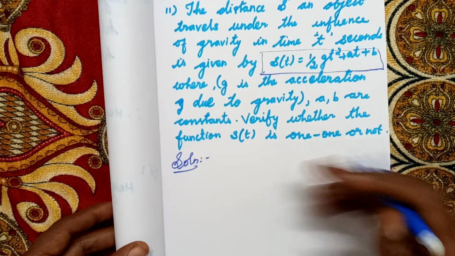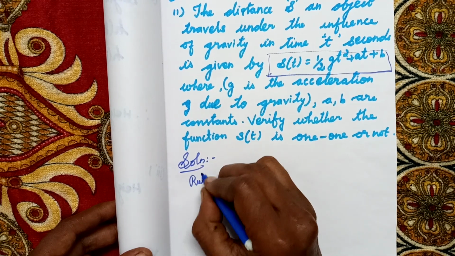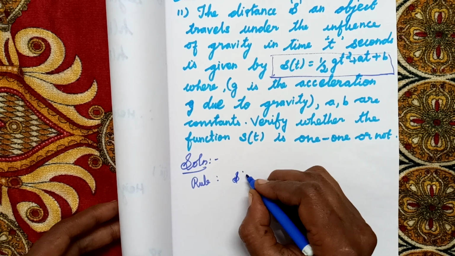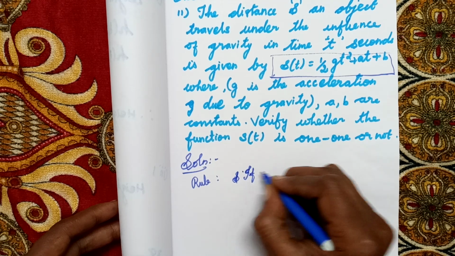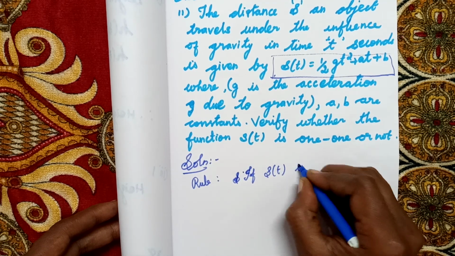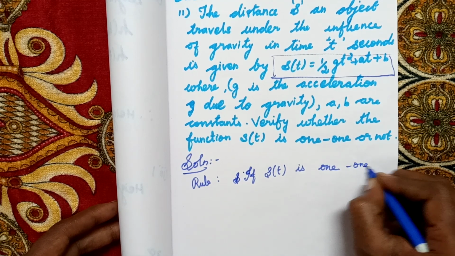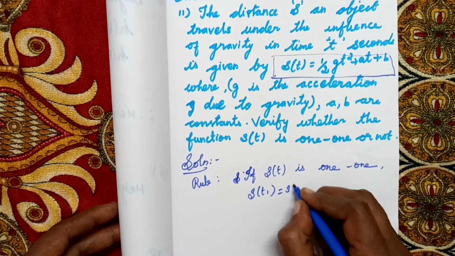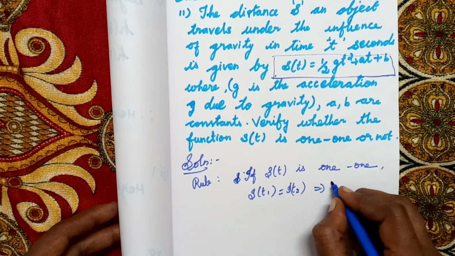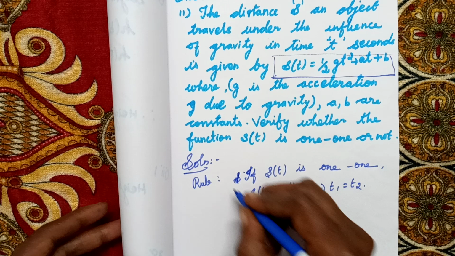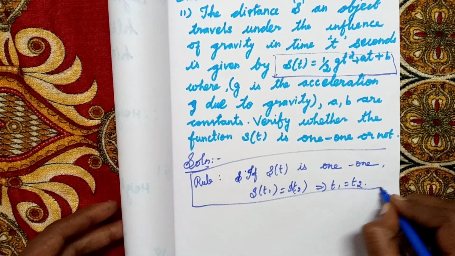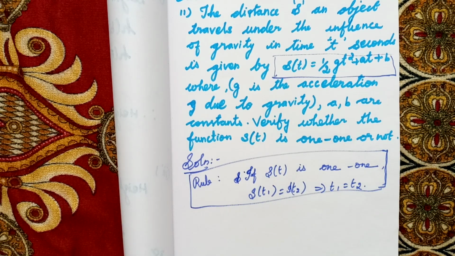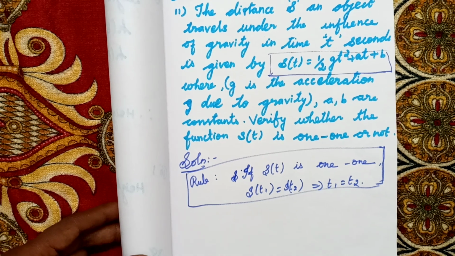Here also, if S of t is 1, 1, we have to prove that S of t1 is equal to S of t2 implies t1 is equal to t2. Okay, this is a rule.